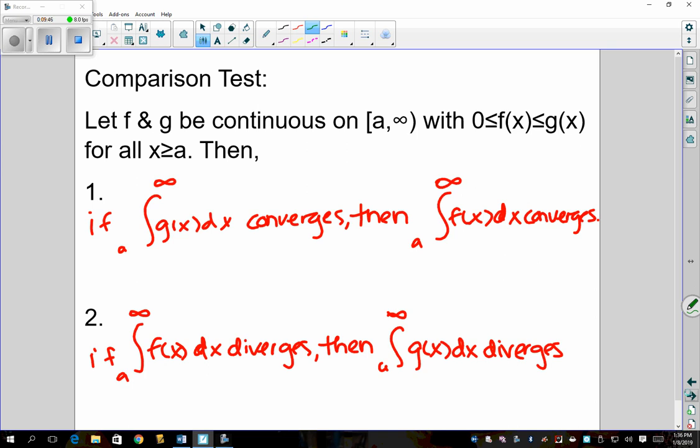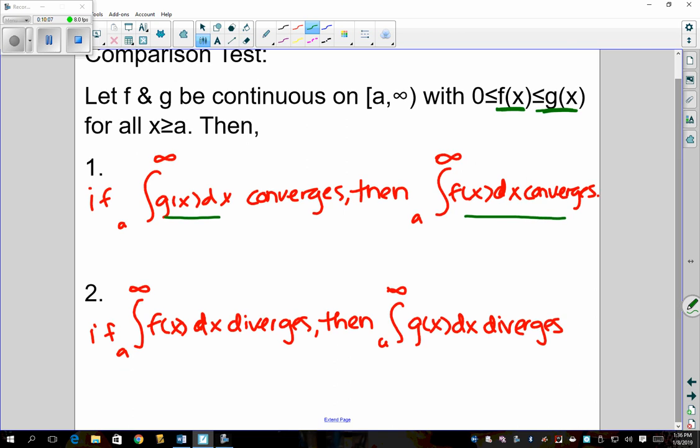If f and g are continuous functions, and this is important to note, that f of x is less than g of x, as long as f of x is less than g of x, if I can find a g of x that converges and is greater, then f of x converges. If I can find an f of x that is less than g of x, and it diverges, then g of x diverges.